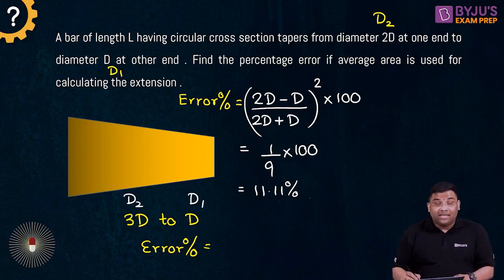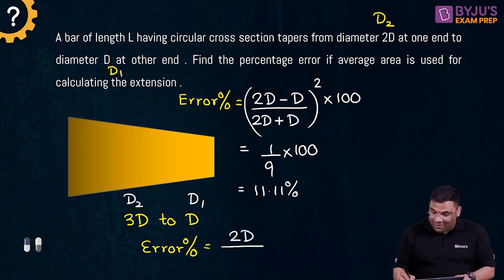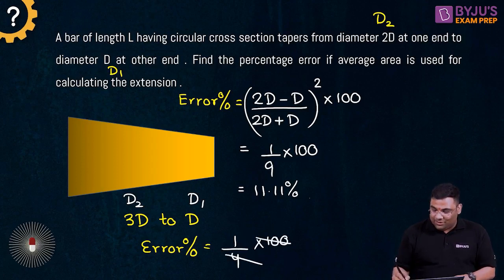So D2 minus D1 means what? 3D minus D. So 2D by what? 3D plus D is 4D, right? Whole square. So what will happen? D D gets cancelled. This is 2 by 4 is what? Half, right? So 1 by 4, right? Into 100. Making it how much? 25% rise, right? See, very simple.